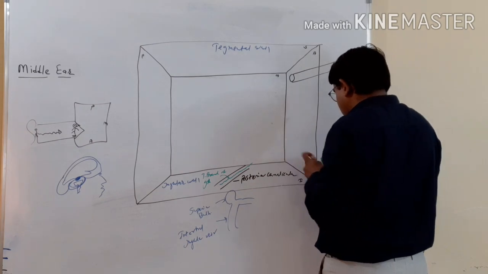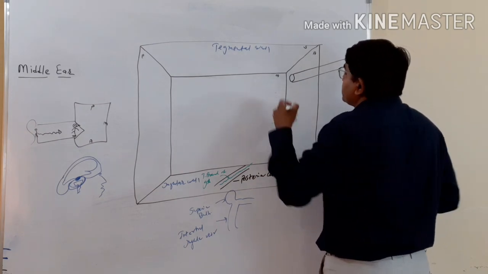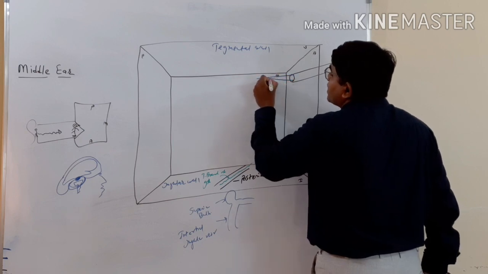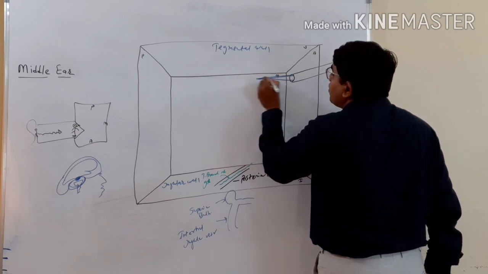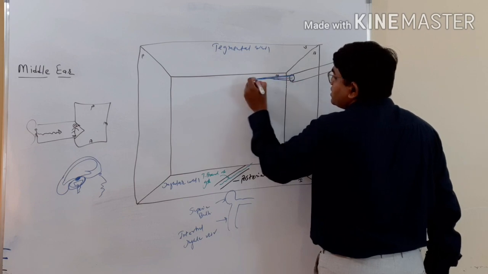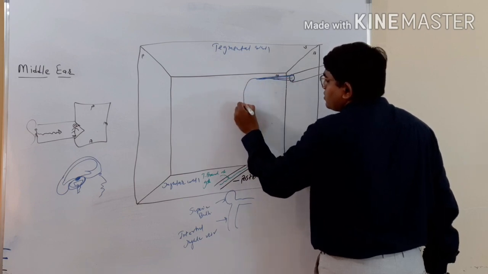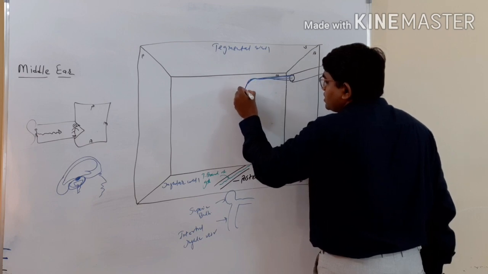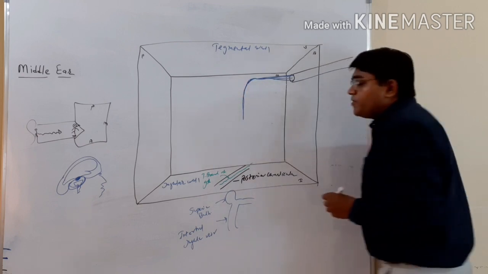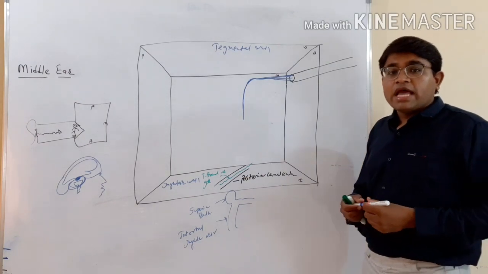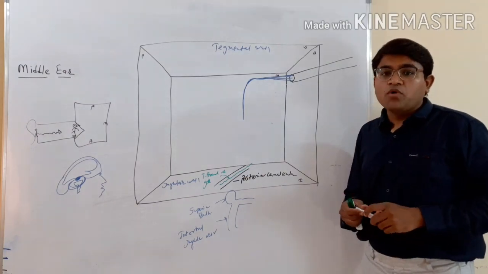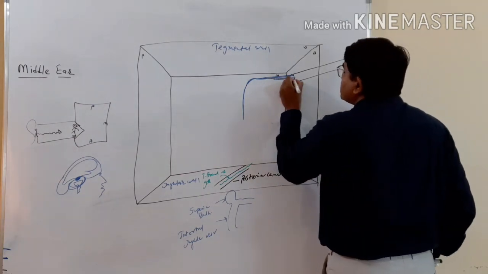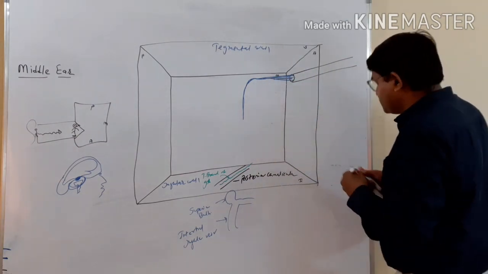The muscle comes out from this canal and runs on the medial surface, and here it turns around and its tendon reaches the handle of the malleus bone. So this muscle is the tensor tympani, and this canal is known as the canal for the tensor tympani muscle.